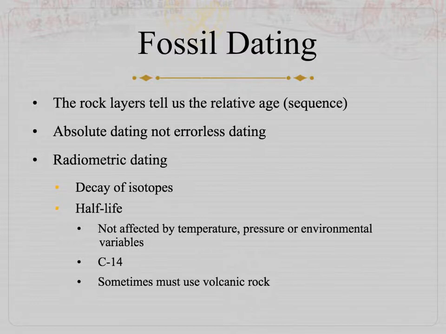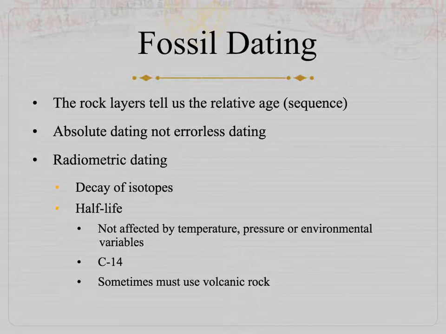One of the ways we do this is through radiometric dating. This is where we take isotopes that we know, for instance, carbon-14, which decays to nitrogen-14, and we know that carbon-14 has a half-life of 5,730 years. So every 5,730 years, half of the carbon-14 will be left from the original sample.